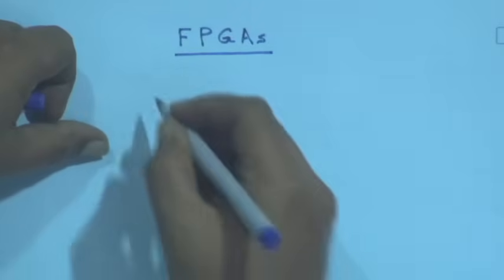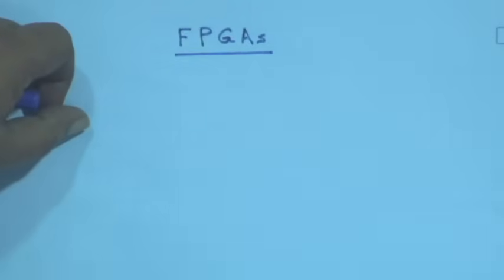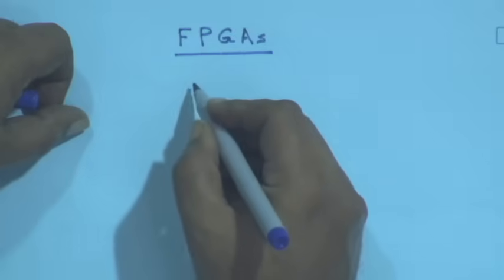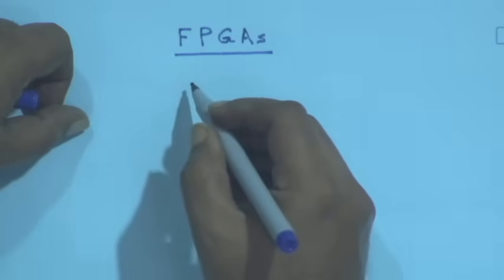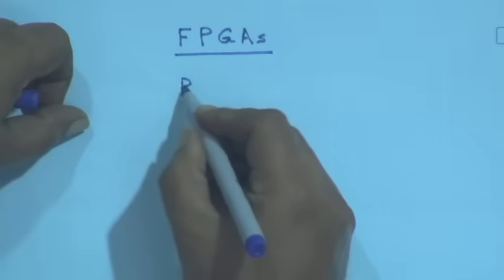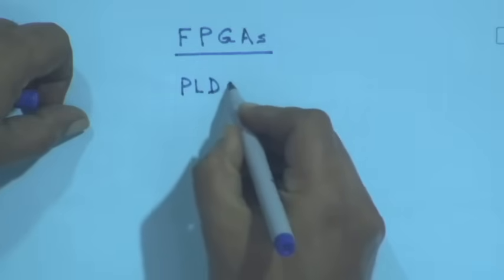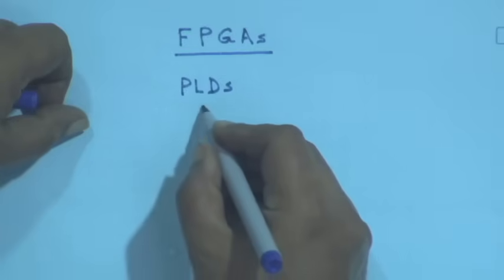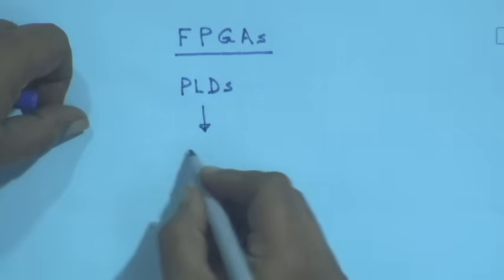Now, FPGAs are successors of programmable logic devices, PLDs, which appeared initially as an array of gates.